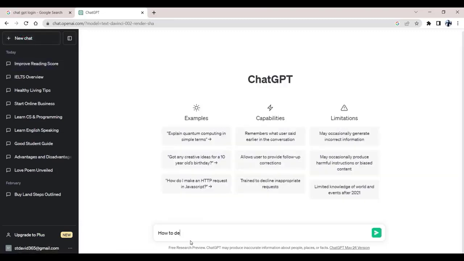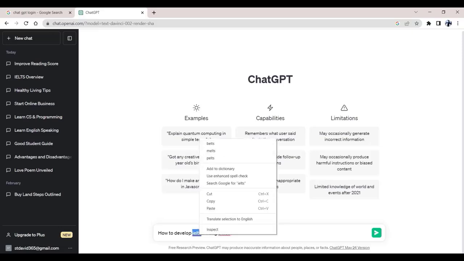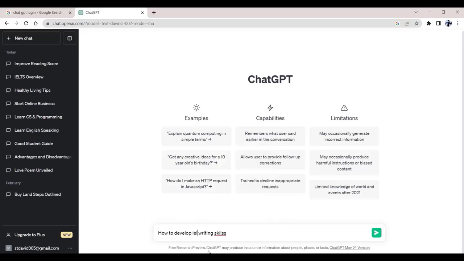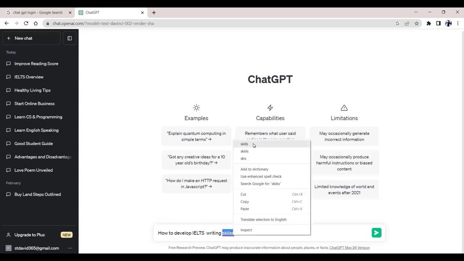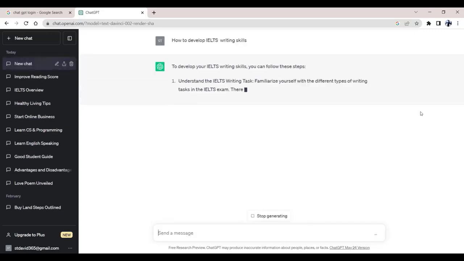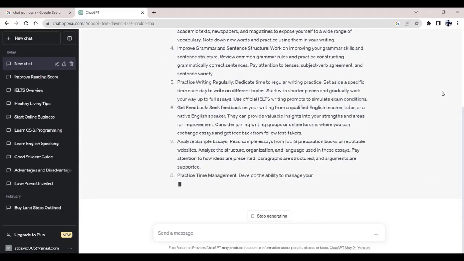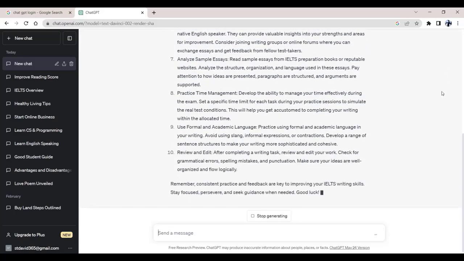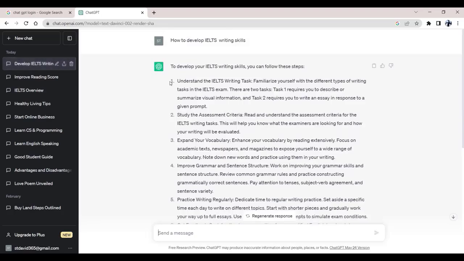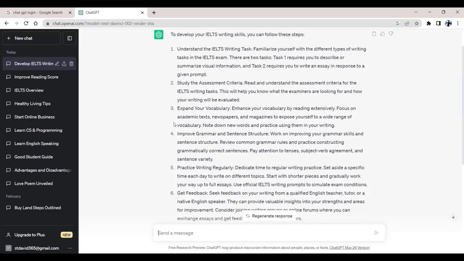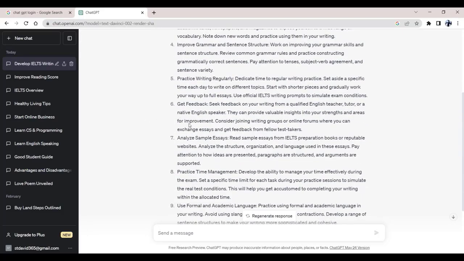It's the same way you can write: how to develop IELTS writing skills. So, you see, to develop IELTS writing skill, you can follow these steps: understand the IELTS writing test, study the assessment criteria, expand your vocabulary, improve grammar and sentence structure, practice writing, get feedback.